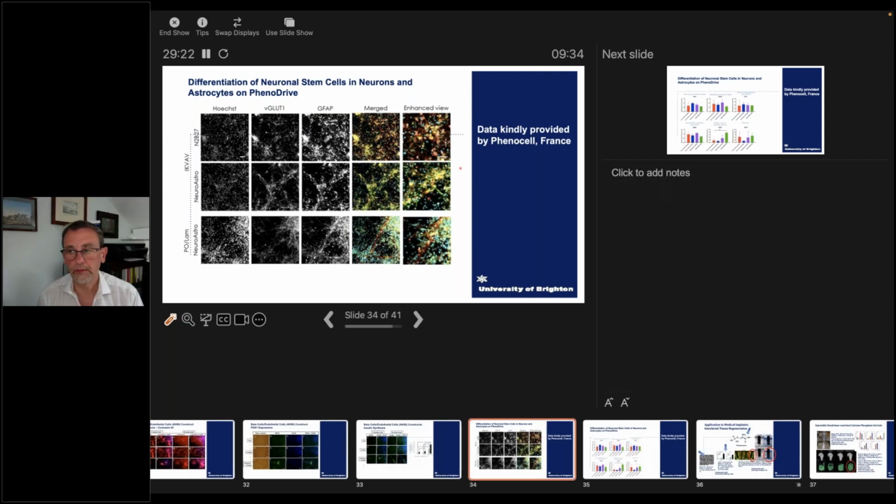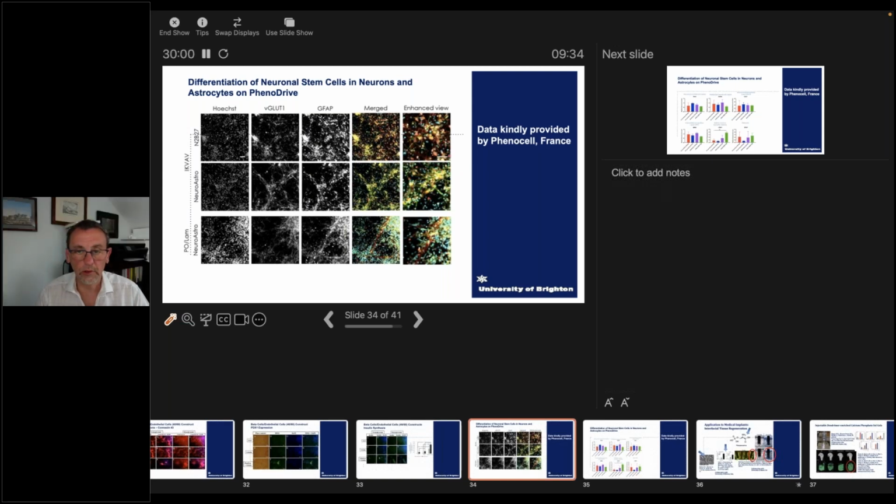What the colleagues at Phenocell did, in the context of a European project that we had with them, was to compare PhenoDrive with polyornithine laminin to understand whether the two substrates could induce the differentiation of induced pluripotent stem cells into neurons and astrocytes of cortex layer number 4 of the brain, which is important for the study of neurodegenerative conditions.